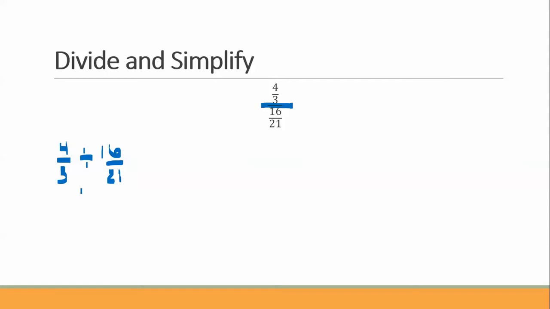This is exactly what we saw at the beginning of this section. So that becomes 4/3 times 21 over 16. And now we can take out any common factors. So 16 and 4, we can take a 4 out. 3 and 21, we can take a 3 out. So we have 7/4.